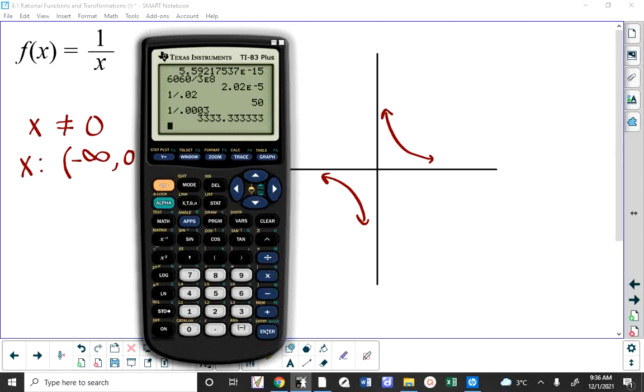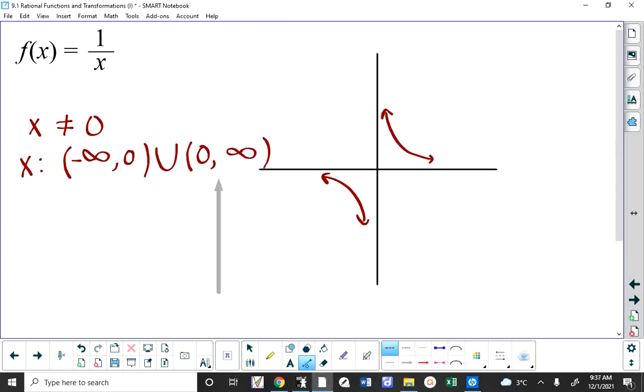And since there's no limit to how close I can get to 0, there's no limit to how high this graph goes. That graph goes up towards infinity, and no matter how close it gets to the y-axis, it will continue to go up. And that is referred to as an asymptote.